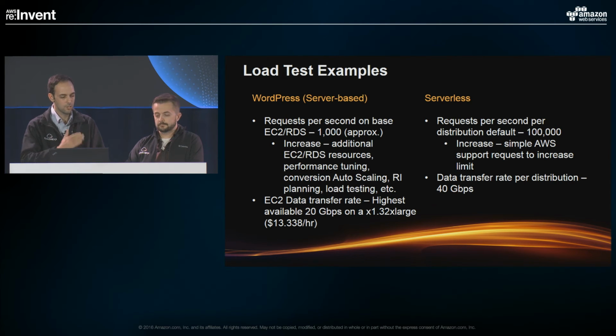But as you do that, the costs just start increasing greatly. If we ran an EC2 instance and did a load test and it maxed out at 100, and we're running WordPress, we're going to start analyzing every single plugin. We're going to analyze every path that comes in, every JavaScript that's being run.